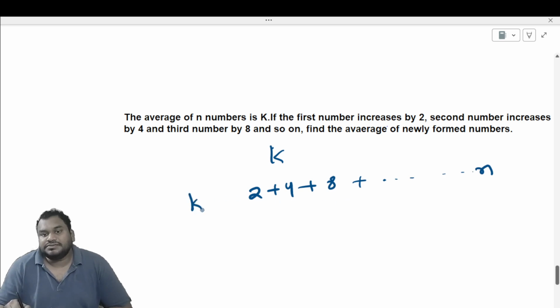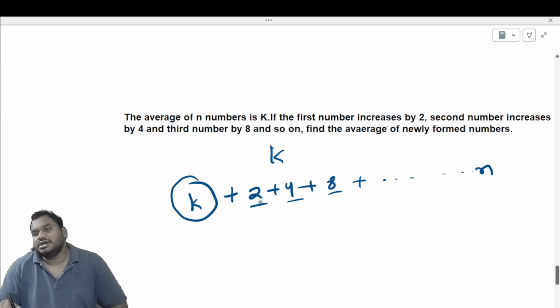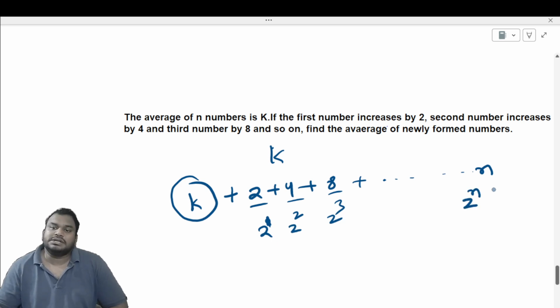So the average of the numbers is k already, but when we are increasing, the values are increasing like this. If you observe, they are 2 power 1, 2 power 2, 2 power 3, and like that it will be.